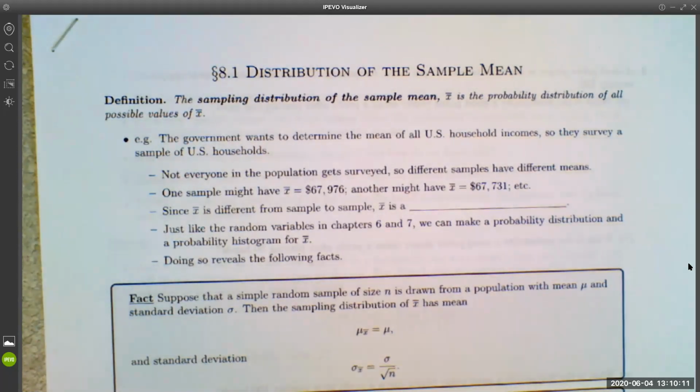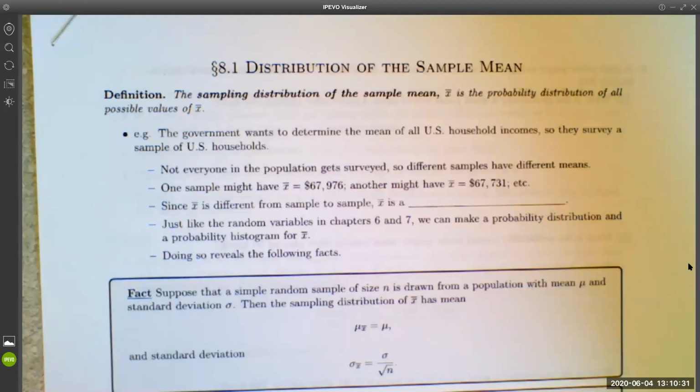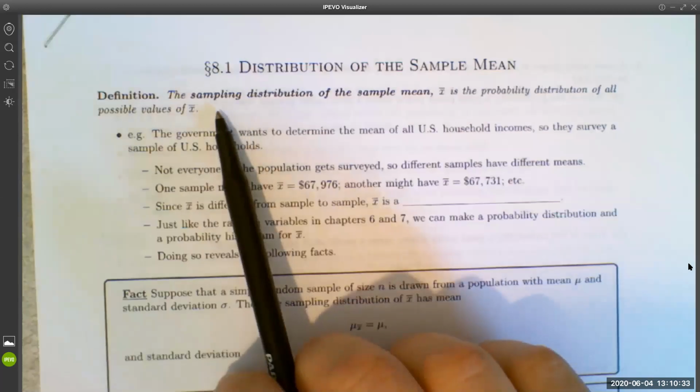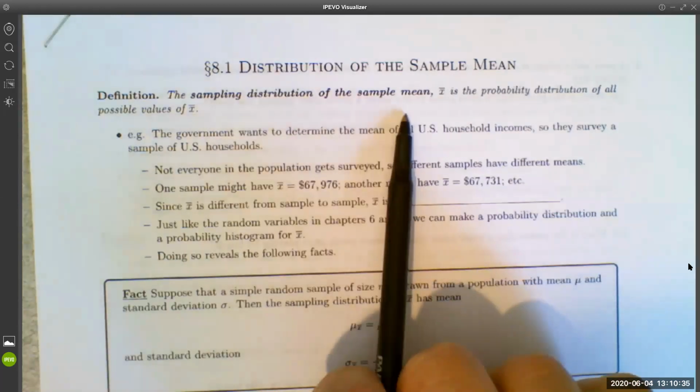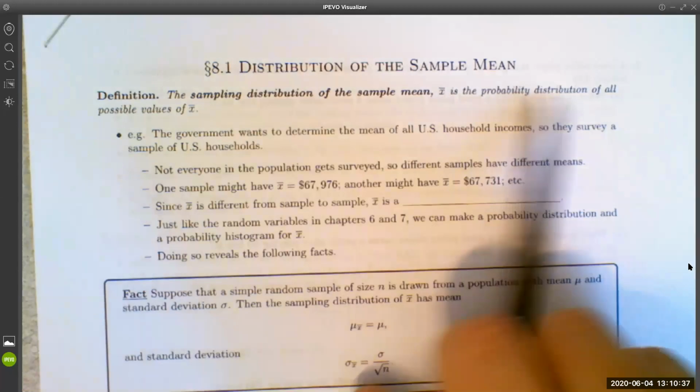So I promise you that explanations will come if you're one of those types of people who needs to know why this works. I promise you that I'll explain all of that. But for now, I'm just going to explain how to do it, and then I'll explain why it works and why we care, okay?